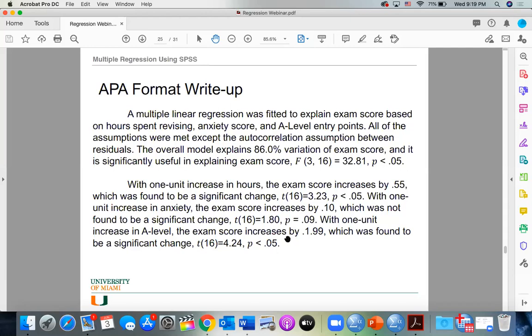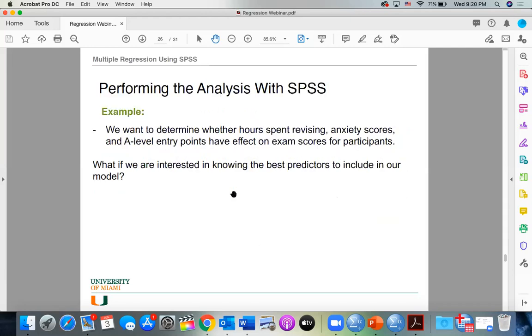So no other questions. Let's move on. So this is one way to benefit from the linear regression analysis through SPSS. The second approach is, what if we are interested in knowing the best predictors to include in our model? So in the previous example, we added hours spent revising, anxiety scores, and A-level entry points to see whether they have an effect on exam scores or not.